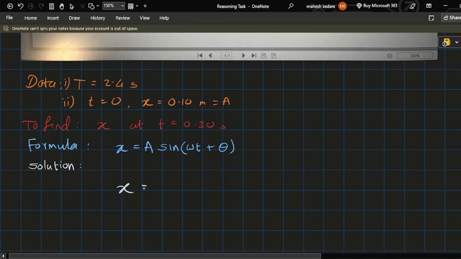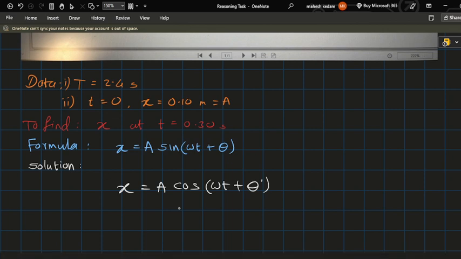That formula is x equal to A cos(omega t plus theta). This formula can equally well be used to solve this problem. You can remember any one of the two formulas, whichever you find suitable and easier to solve, and use that formula. But we use x equal to A sin(omega t plus theta). It's just a choice, and there is no special reason why I choose sin over cos. You can equally well go with cos.